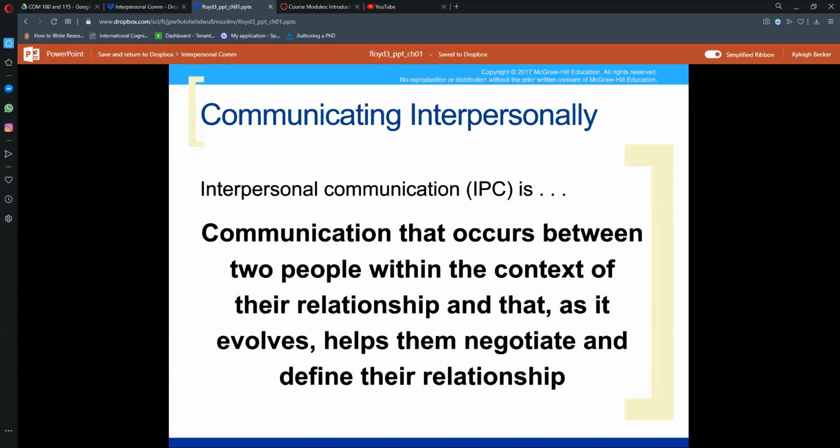That's still interpersonal communication, because the context of your relationship is we're sitting next to each other on a plane, and as time goes on, you've defined your relationship as, yeah, this is someone I sat next to on the plane, or, give me your Facebook or your phone number so after this plane lands we can continue communication, because I like talking to you because you seem like an interesting person.